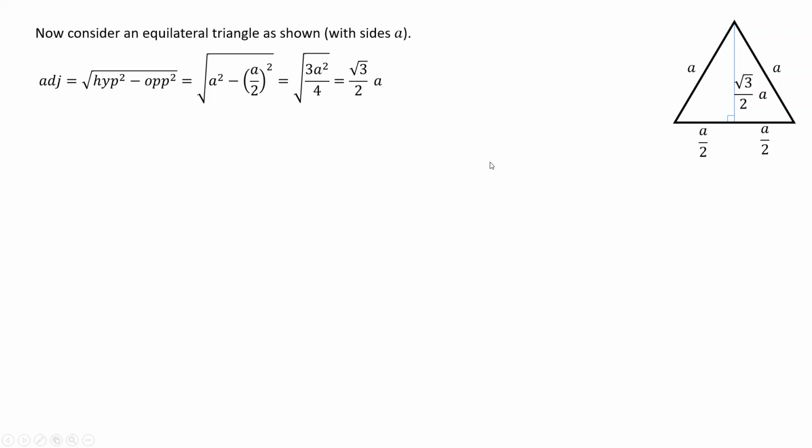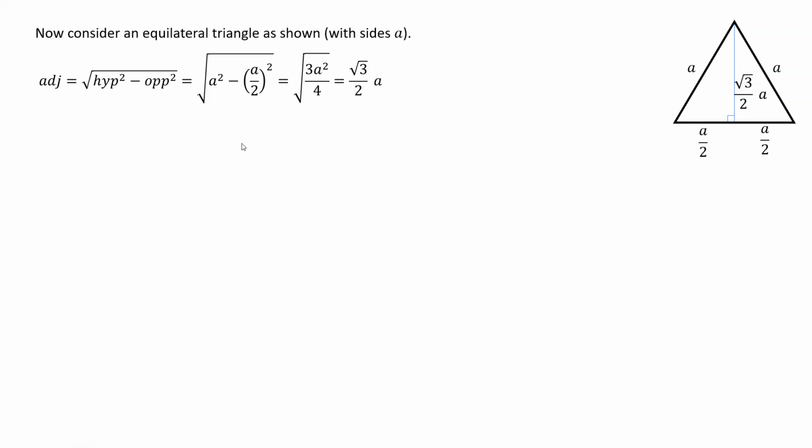And so if we say adjacent is a over 2, opposite is this guy, hypotenuse is a. We are looking at this triangle. That's what I have. Hypotenuse is a, adjacent, opposite is, what did I do? I goofed.